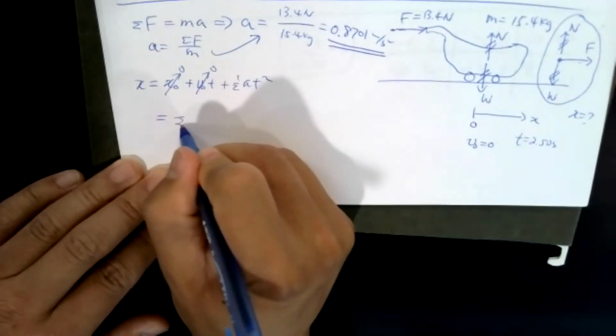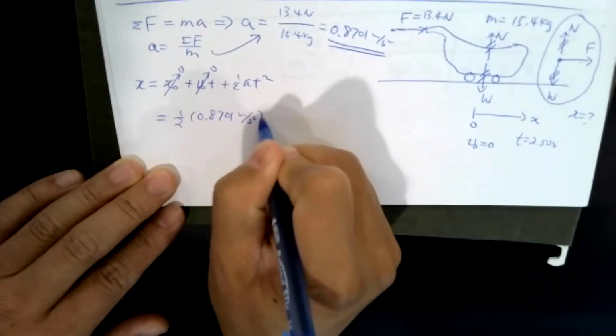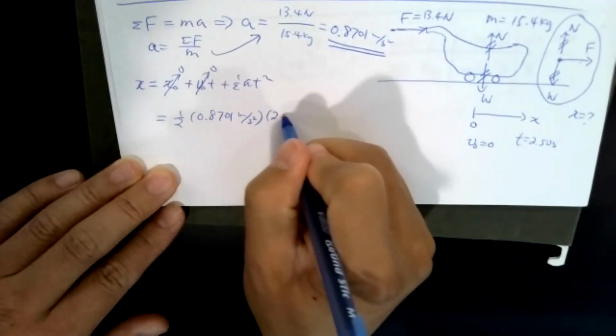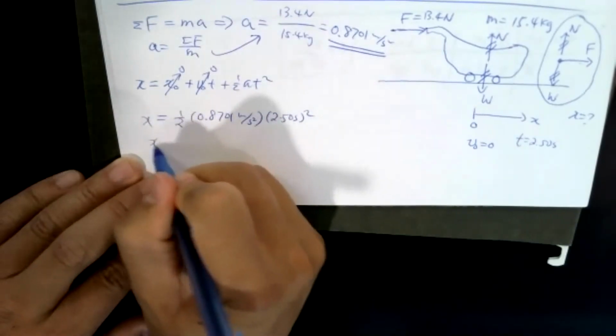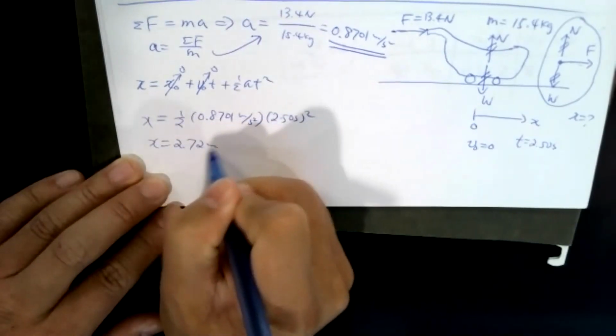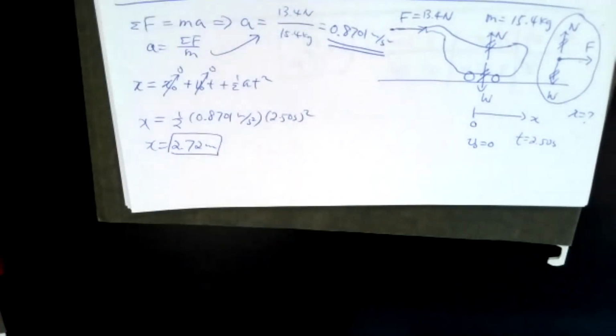Then this is equal to 1/2 of 0.8701 times 2.50 seconds squared, okay? So then x is roughly 2.72 meters, okay? That's how far the cart will move, okay?